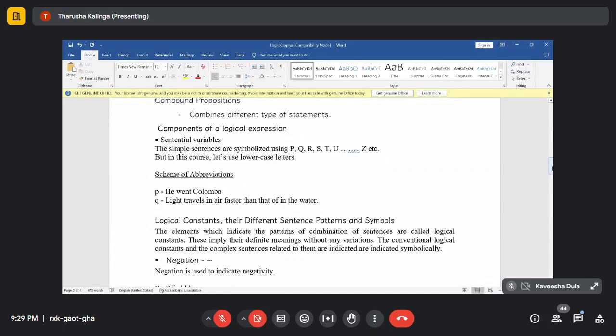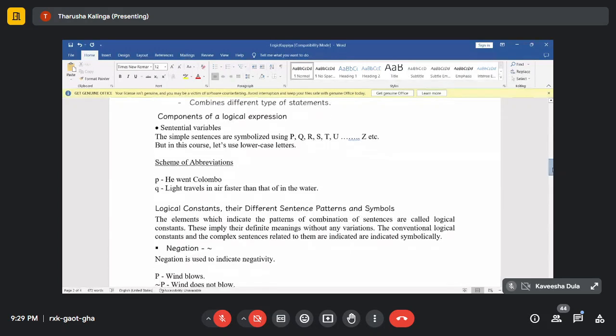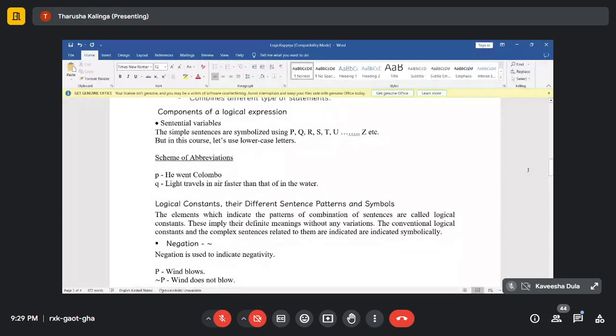So this is the very basis of everything. Before that, Aristotle founded the syllogism and those theories, and then set theory came into the discussion.